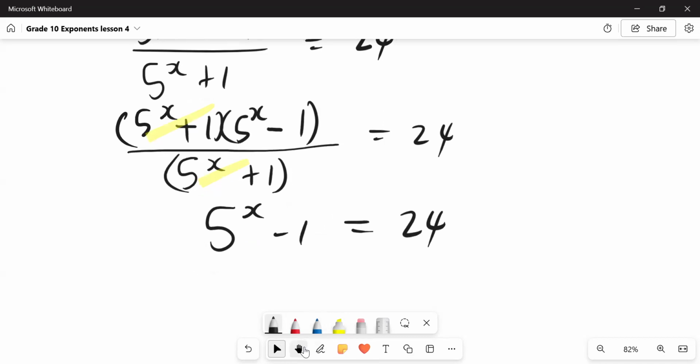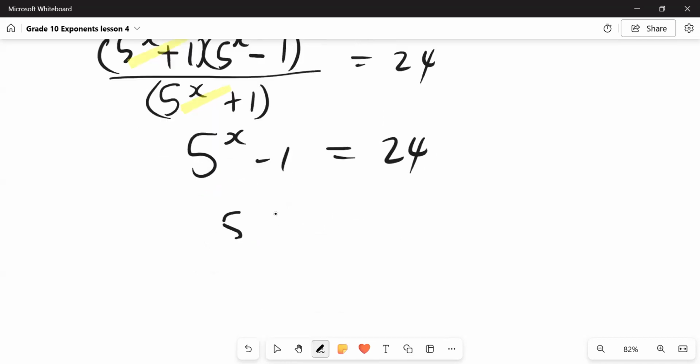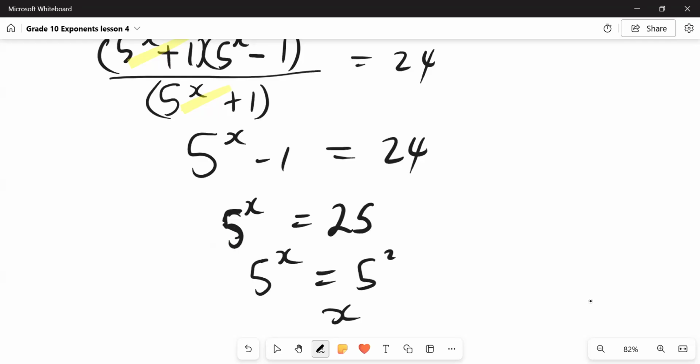And then from here, transpose there. So you have 5 to the power of x equals 25. And then this is 5 to the power of x equals 5 squared. Then x is equal to 2 because the bases are the same.